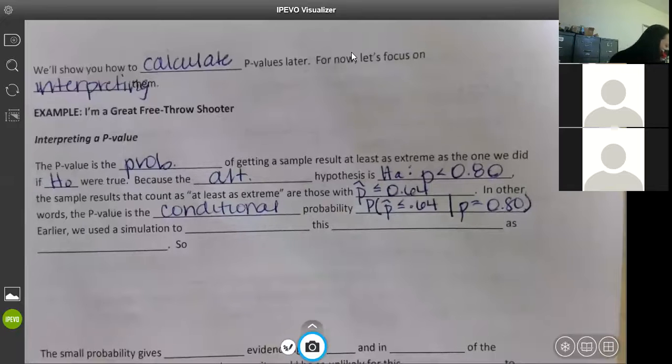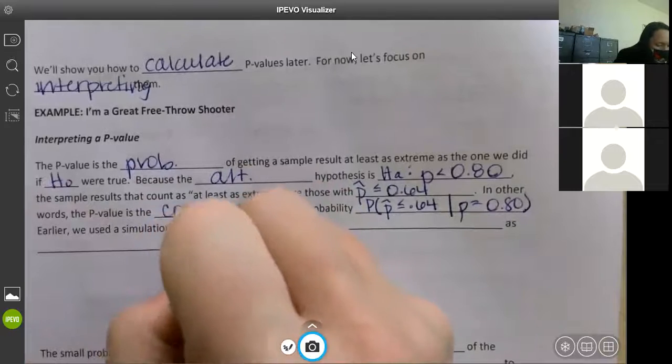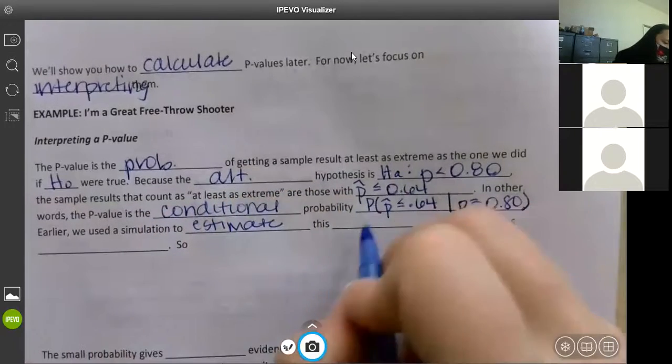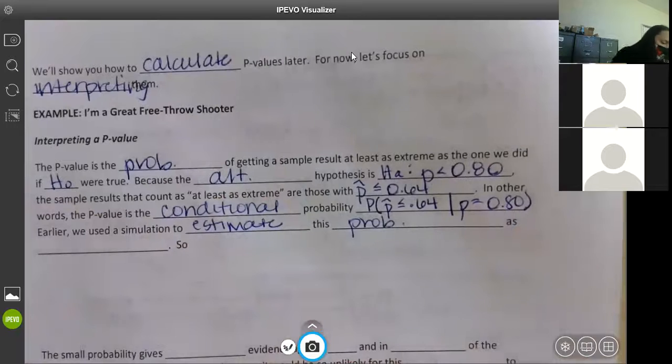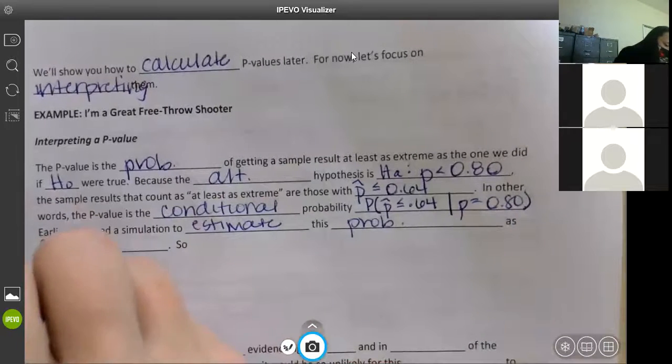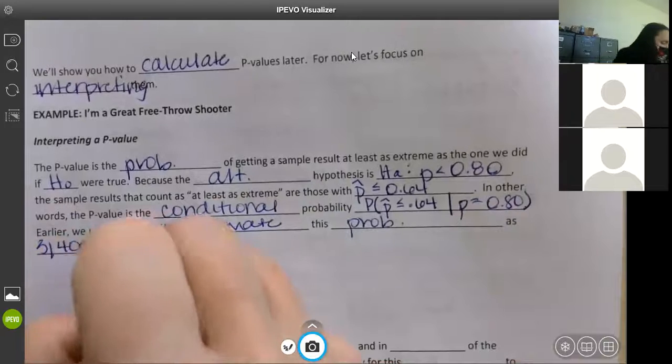Earlier, we used a simulation to estimate this probability. It was 3 out of 400, 0.0075.